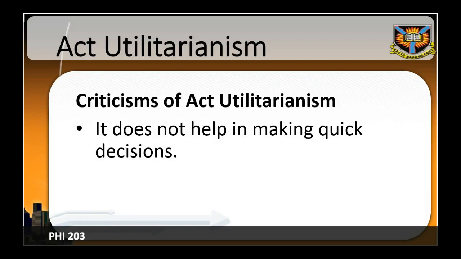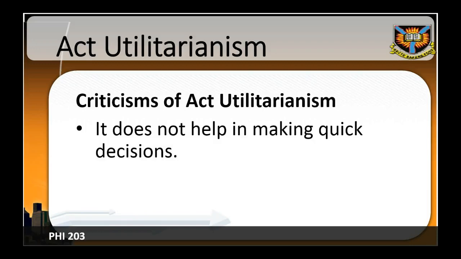The problems include: 1. It does not help in making quick decisions. There are times that we are faced with moral issues that need to be urgently responded to. At such times, the time that we need to put into calculating the likely consequences of the particular action is not always available.